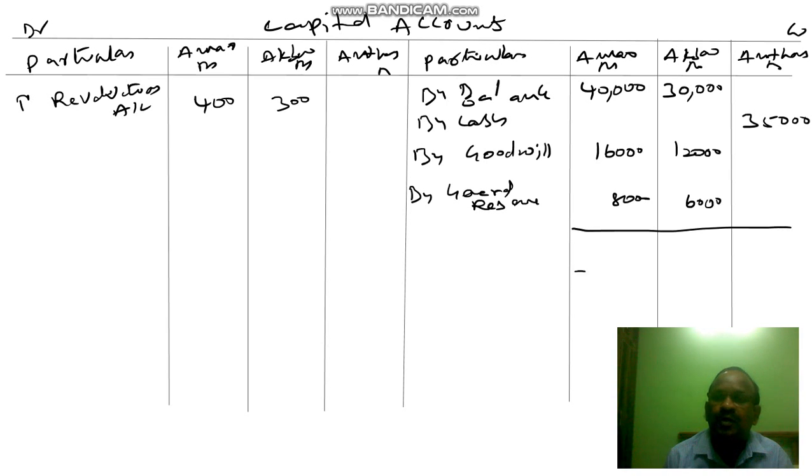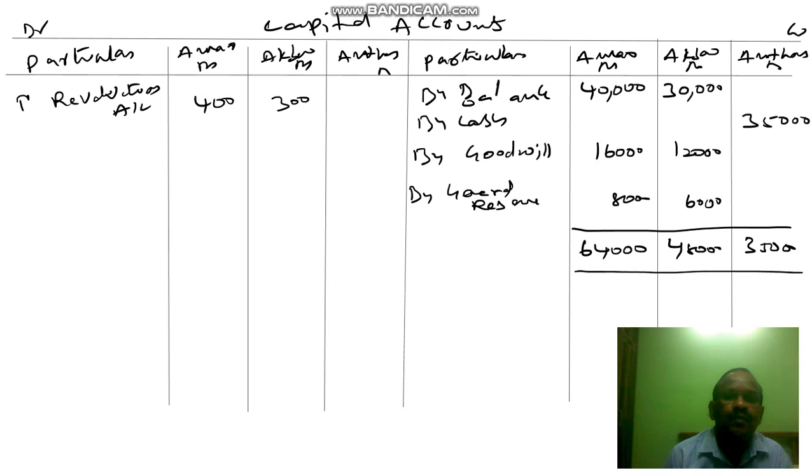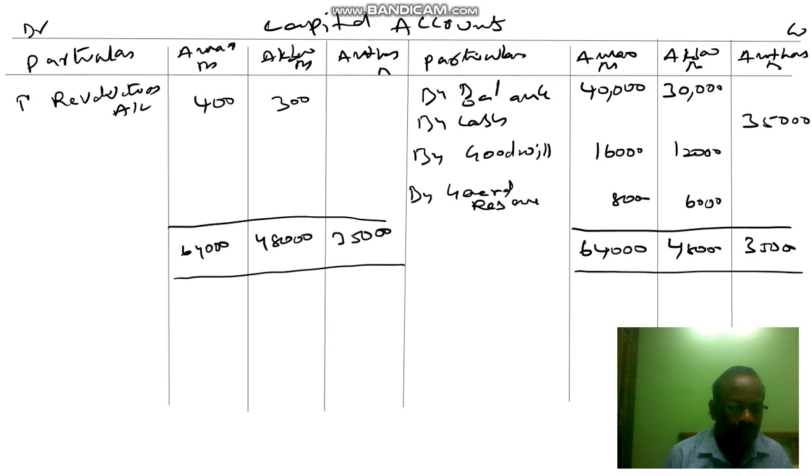Now we total that amount: 64,000, 48,000, 35,000, and after the loss 63,600, 47,700, 35,000.